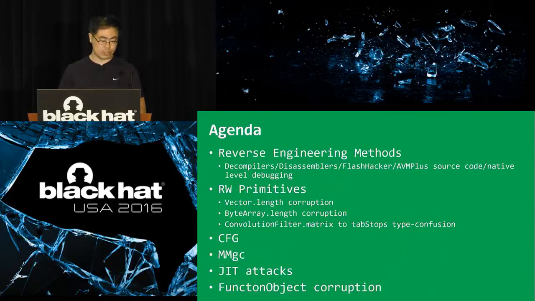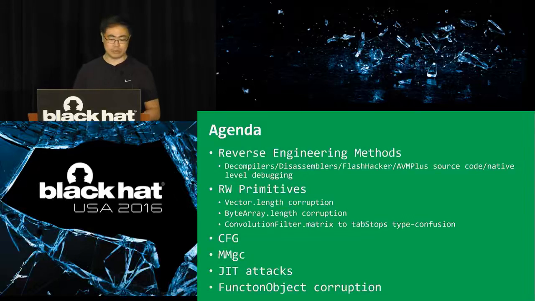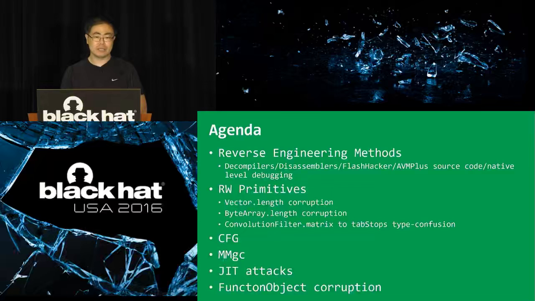We will look into some RW primitives that are popular for Adobe Flash exploits, and we will talk about some CFG techniques, an attempt from us and from the industry to break these exploits. And we will talk about other technologies from the attacker side, how they are trying to work around these new mitigations. And that will be it.